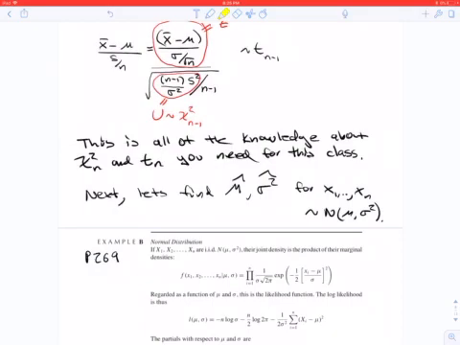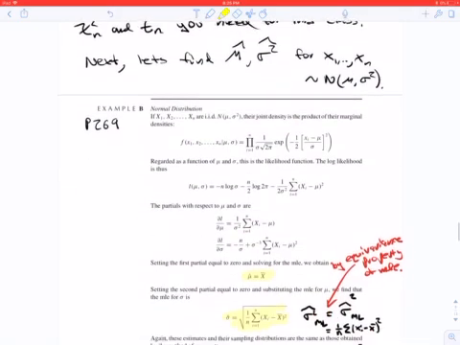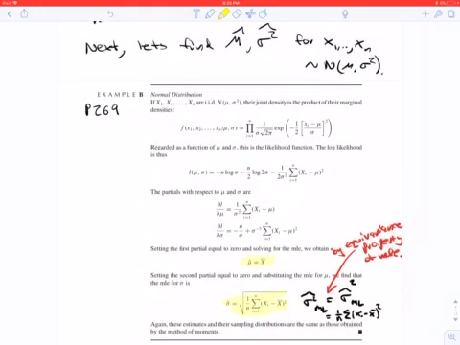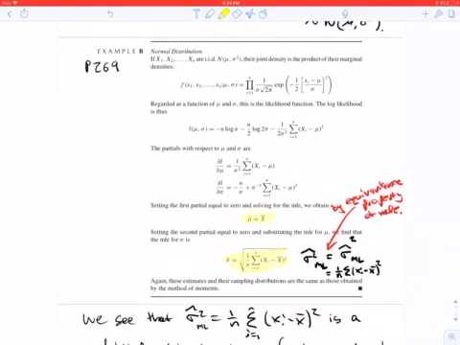We're done with our discussion of chi-squared and t, and now let's look at what the MLE is for the mean and variance of X1 to Xn normal.